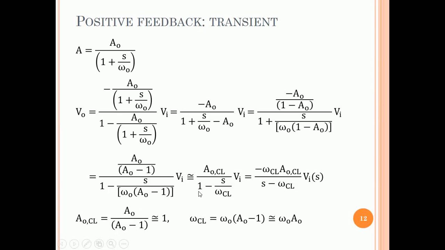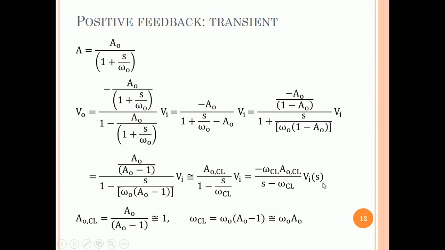Then taking omega CL up and down, we get omega CL over s minus omega CL, with a minus sign. A0 CL is approximately 1, and omega CL is approximately omega 0 A0. The magnitude of the bandwidth is the same as for the negative feedback. So we get minus omega CL by s minus omega CL.